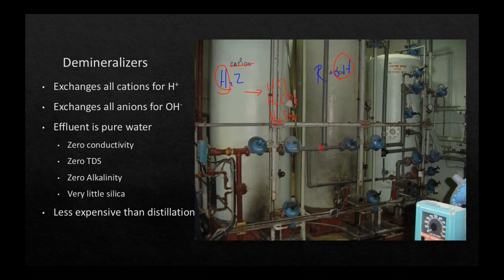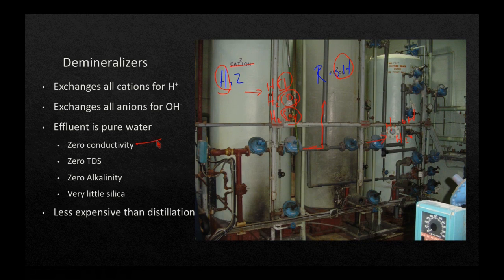H2SO4. And that's going to go through these plastic pipes here, and then it's going to go up through this pipe into the top of the anion exchanger. And the anion exchanger is going to get rid of the anions, the chlorides, the carbonates, the sulfates. So what leaves this one here is basically going to be H.OH, which we know as H2O.